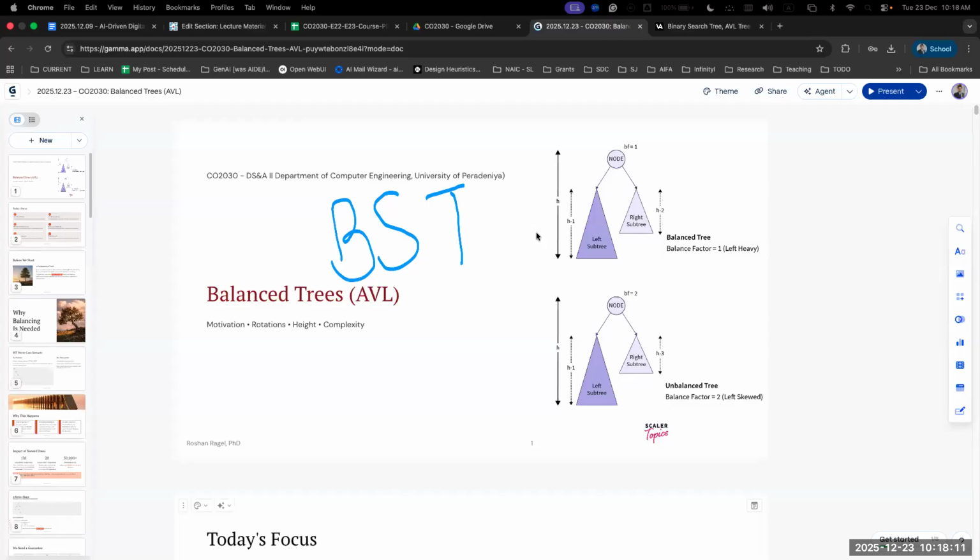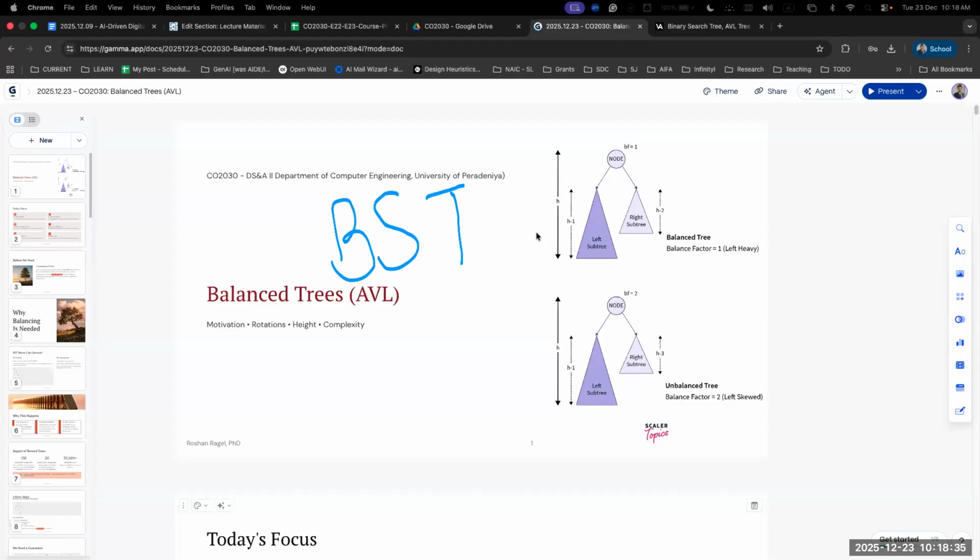How do we search? By putting the nodes in the tree in an order. The order is very simple. If you take any node, the elements that are smaller than that node will be on the left subtree, and elements that are larger will be on the right subtree.